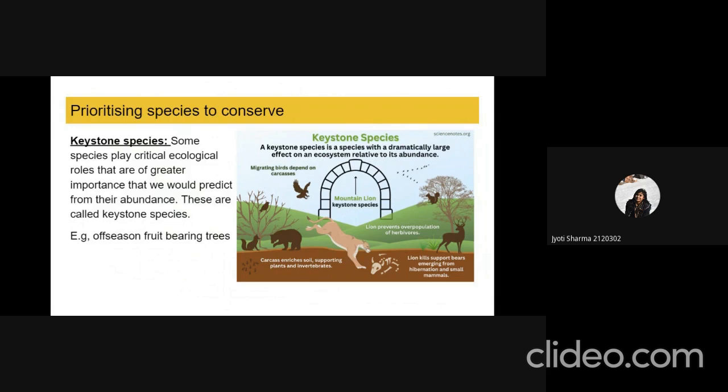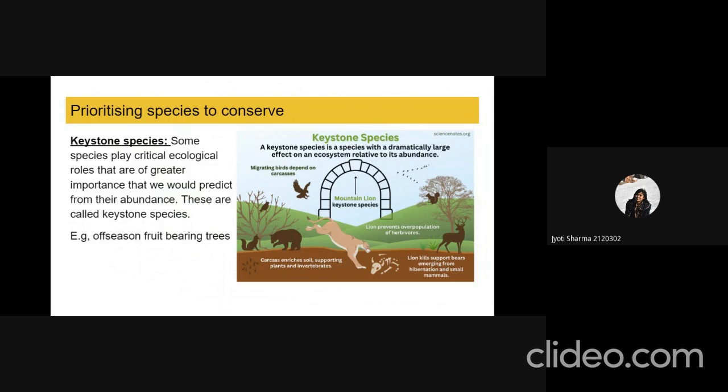After killing deer, it protects the grasses and different types of trees from vanishing, because deer are herbivores, and if there is a larger number of deer, all the grasses may be grazed and the ecosystem can vanish. So the lion controls the population of herbivores. This is one function.